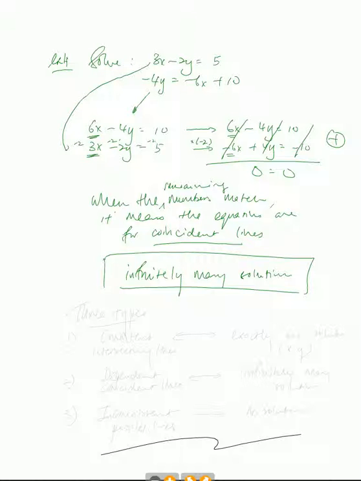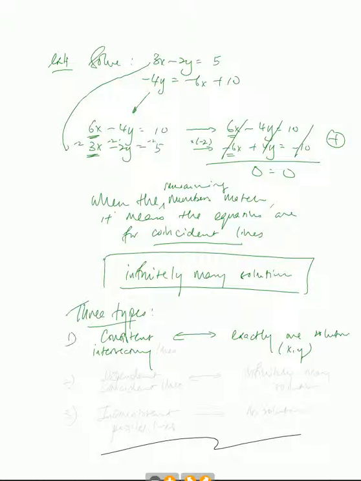So towards the last part of the substitution method lecture, I did mention that there are basically 3 types of equations. So just to give you a quick recap, the 3 types, first one is called consistent, and this is where you end up with exactly one solution point. Okay, and this happens for intersecting lines, and solution point meaning an ordered pair.